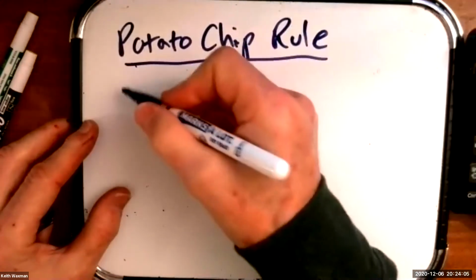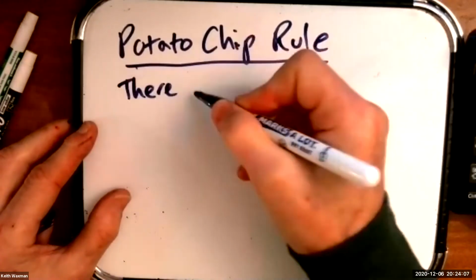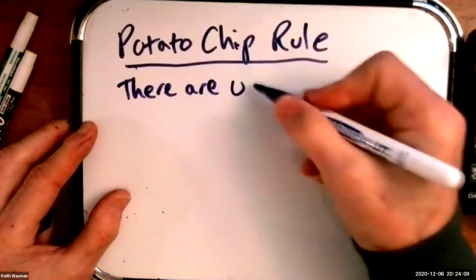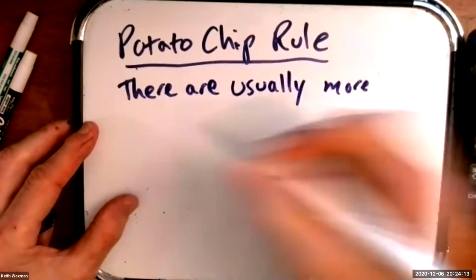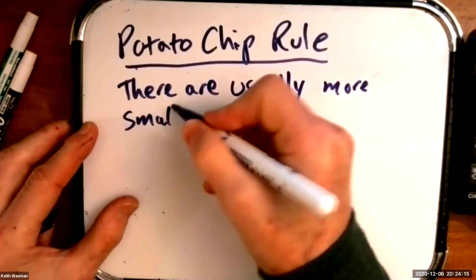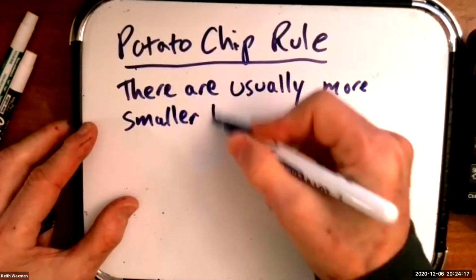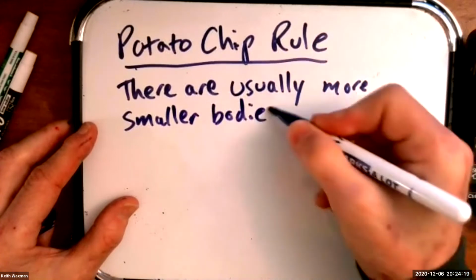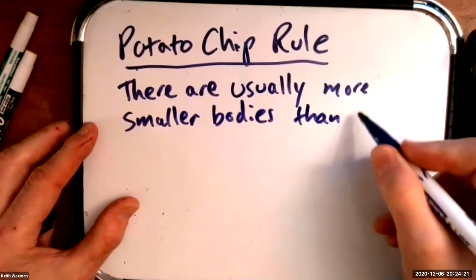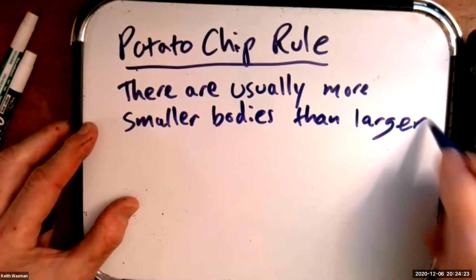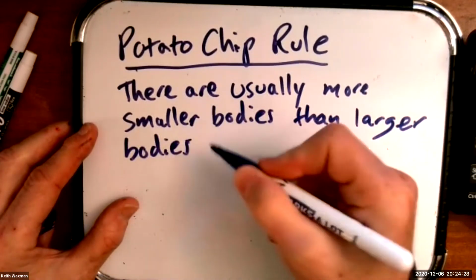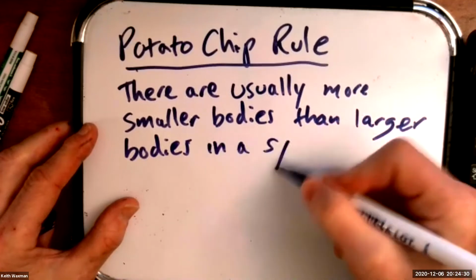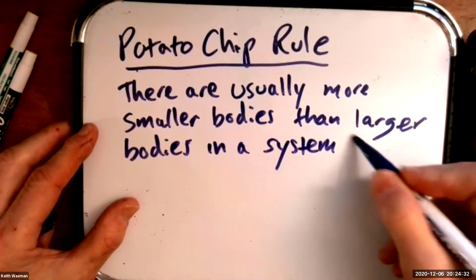And what this says is there are not always, but usually, more smaller bodies than larger bodies in a system, or let's say a region.